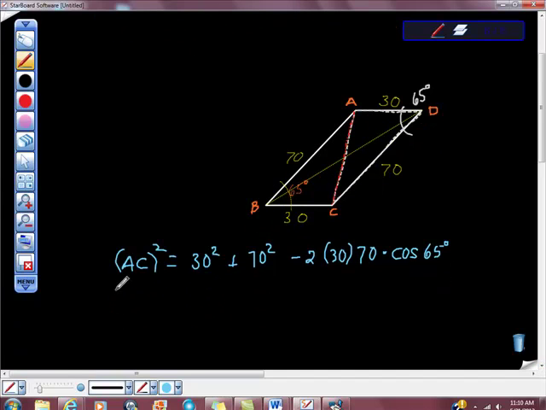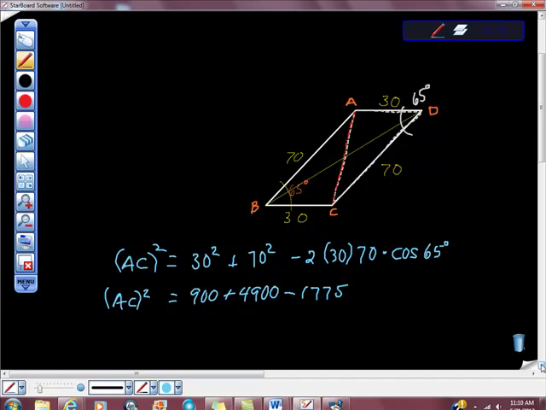So I'm going to do some math here, and I'm going to say that AC squared is equal to 900 plus 4,900 minus, what is that number? Oh, you know what? I'm going to go ahead and do this as this whole mess, including the cosine of 65 degrees. So using a calculator, I'm going to get minus 1,775 as my total number here, right?